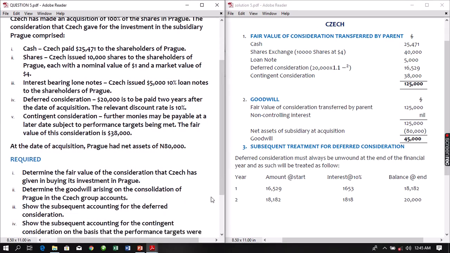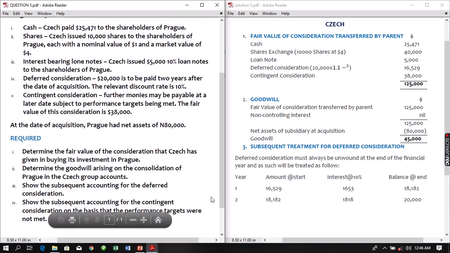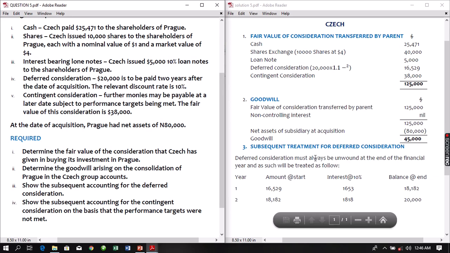Going to requirement 3. Requirement 3 says that what is the subsequent accounting for deferred consideration? We said whenever we are accounting for deferred consideration, we discount it to present value to get the amount which we have to put into our computation, and at the end of every year we need to unwind that deferred consideration, which serve as our finance cost.